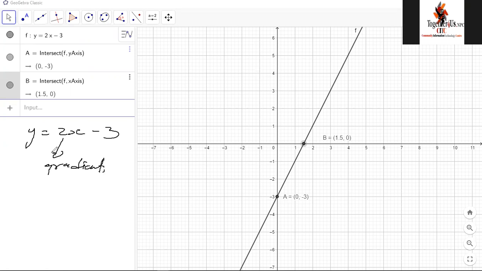Now, I want you to think a little bit with me. I had said this is the x-intercept, and I had said this is the y-intercept. Now check what we have here on the y-intercept. X is 0, y is minus 3. Where is minus 3 on our graph or on the equation?